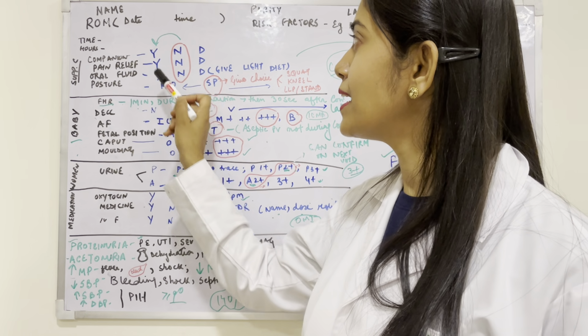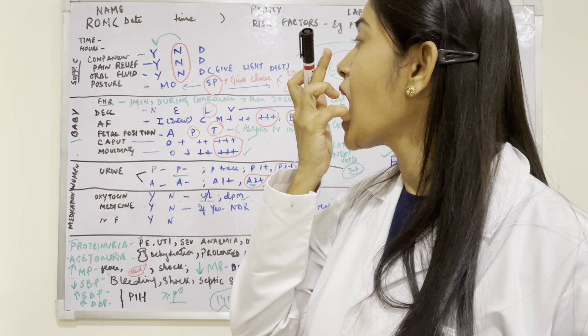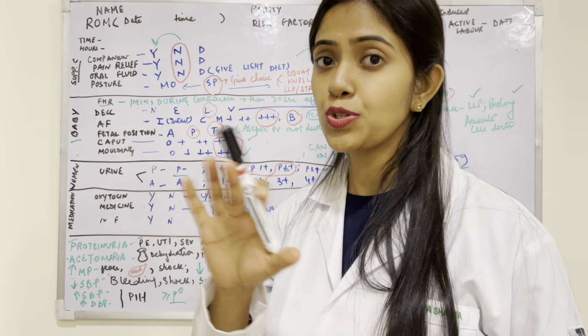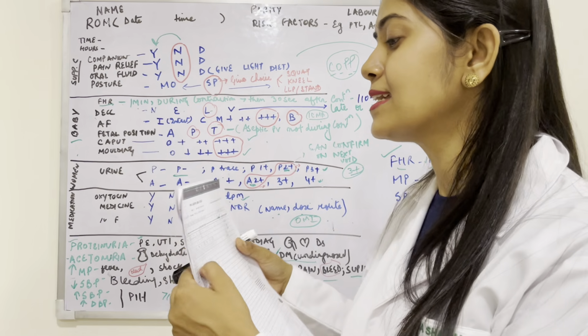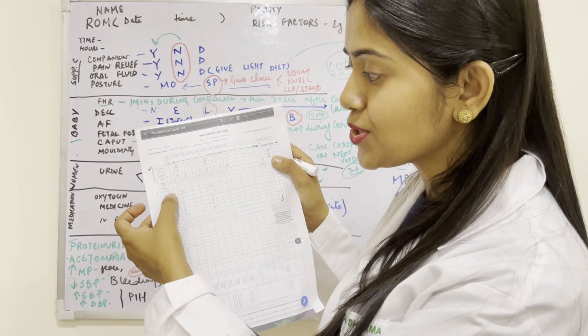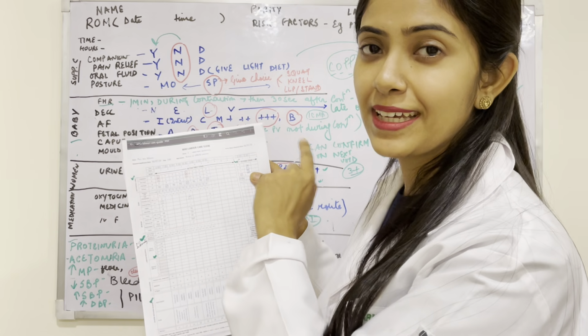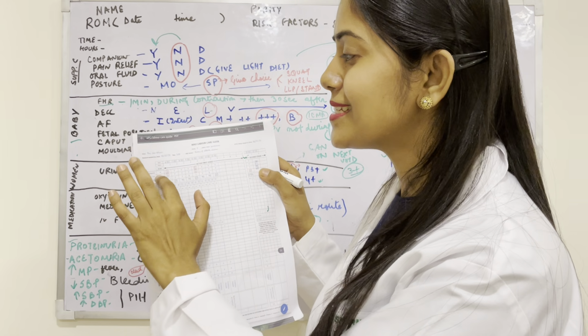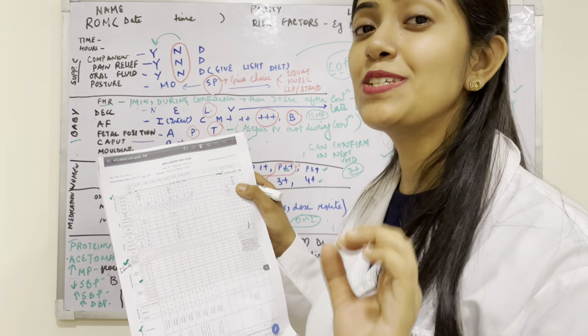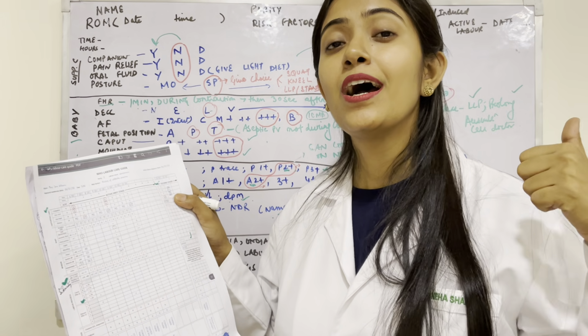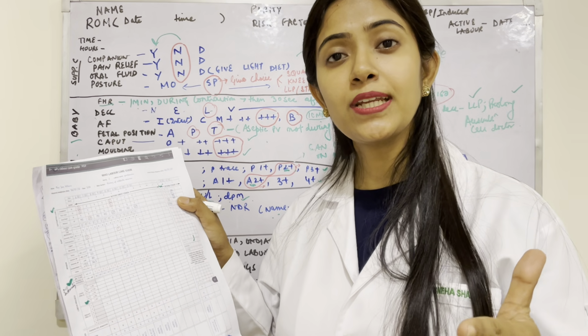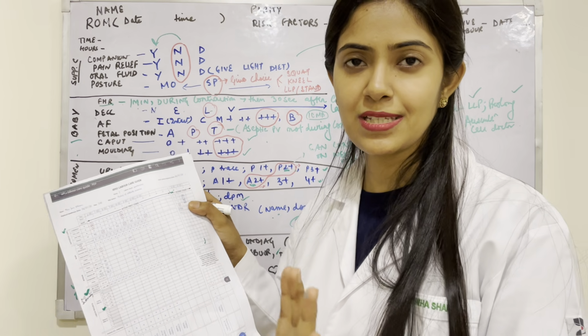Now, what is this red color? This circle means the findings which we do not want. And these are the findings which are there in the alert column of every component of the WHO Labor Care Guide. Now, what does the alert component mean? That means something which should raise the alarm, put you on an alert, and something which is not desirable.